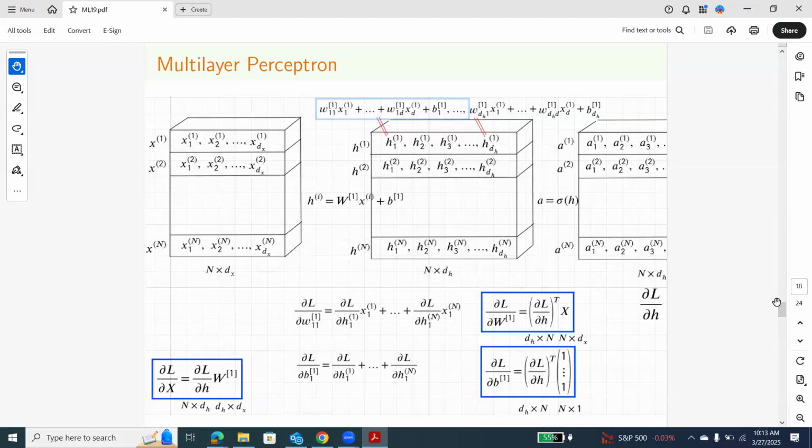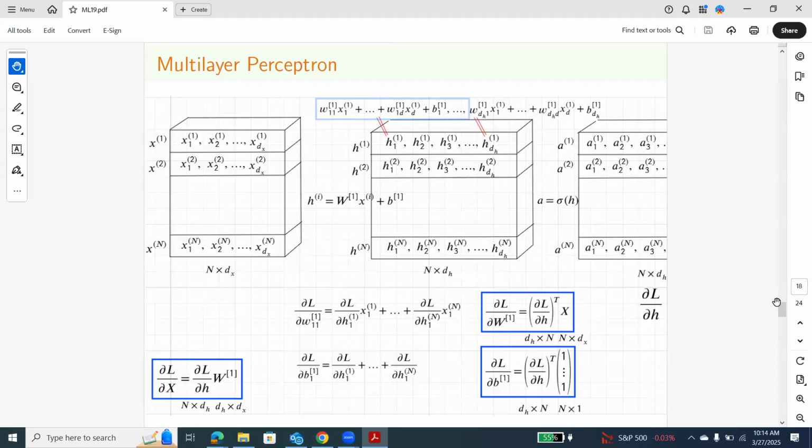But the numbers W11, W1D, and so on, WD1, are actually the column of my matrix W1. So as the result, we'll get just matrix W1. Okay, this is the derivative with respect to input X.